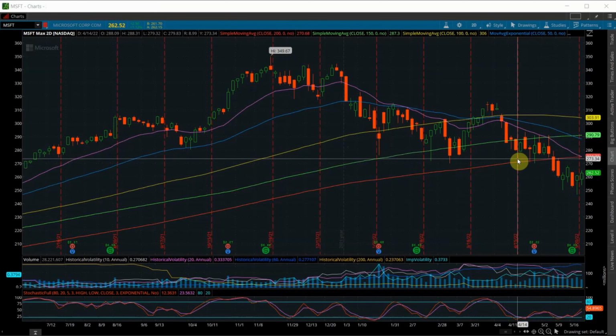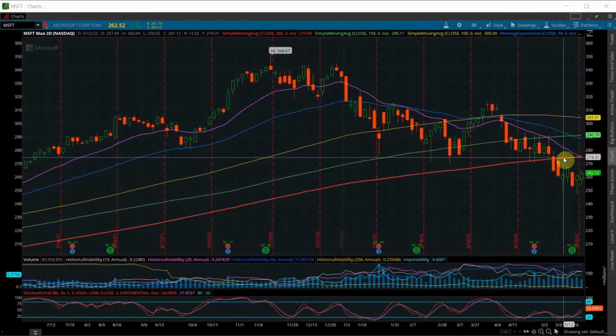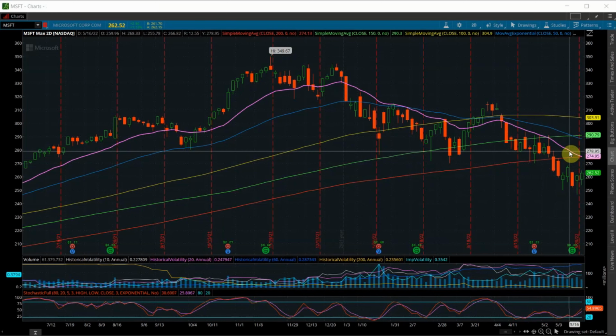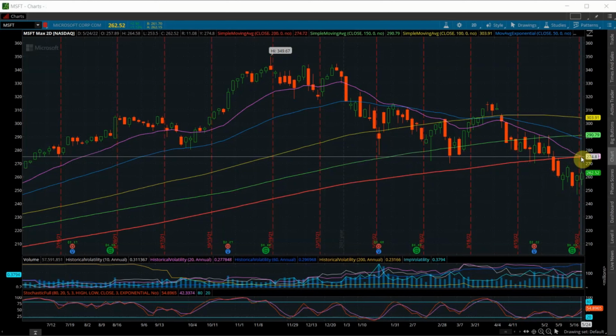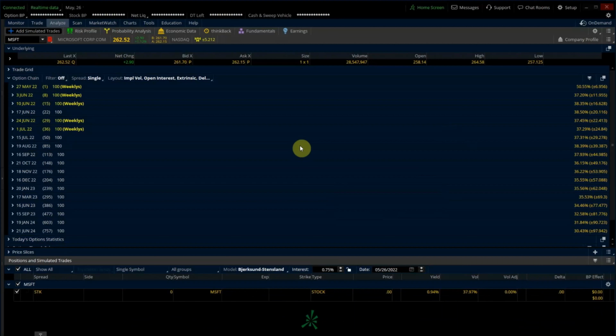And if you look at the simple moving averages, the red line here represents the 200-day moving average, and the pink line here is the 50-day moving average. So I do expect some form of resistance at this 275, 276 level, and that's where I'm going to put my short call for my diagonal spread. So let's move over to the option chain.